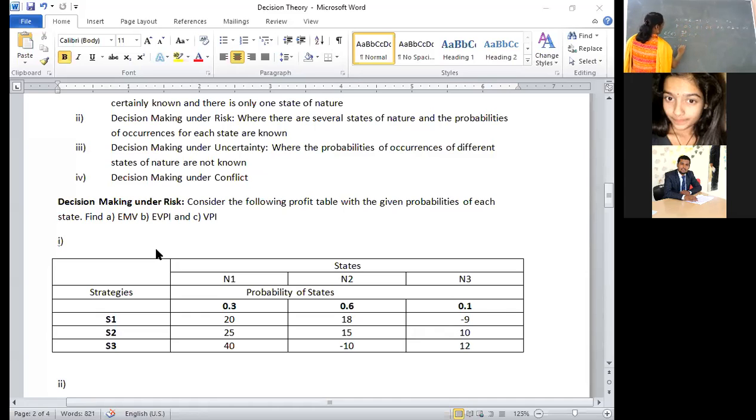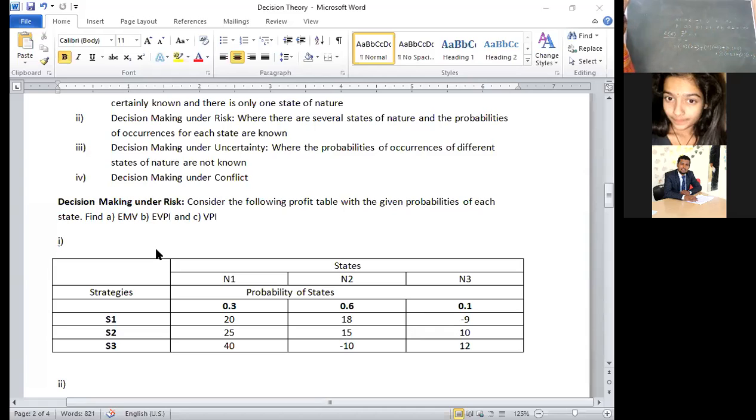The X value is -2 into the corresponding probability 0.2, plus -1 into 0.1, plus 0 into 0.3, plus, remember in BRM maybe you studied this, 1 into 0.2 plus 2 into 0.2. This way we will find out the expected value of your random variable.